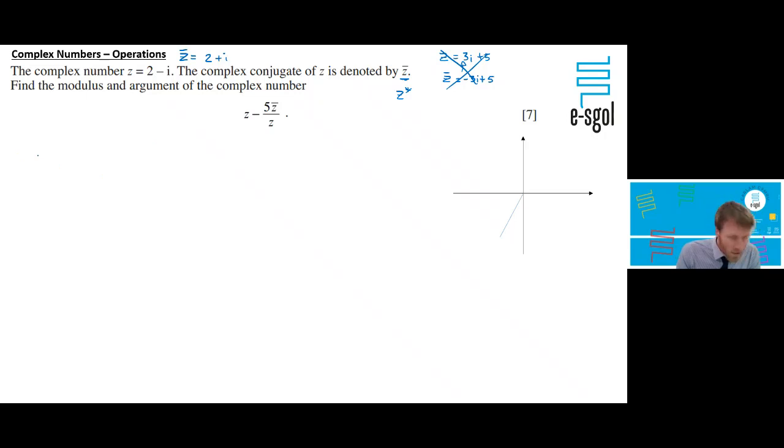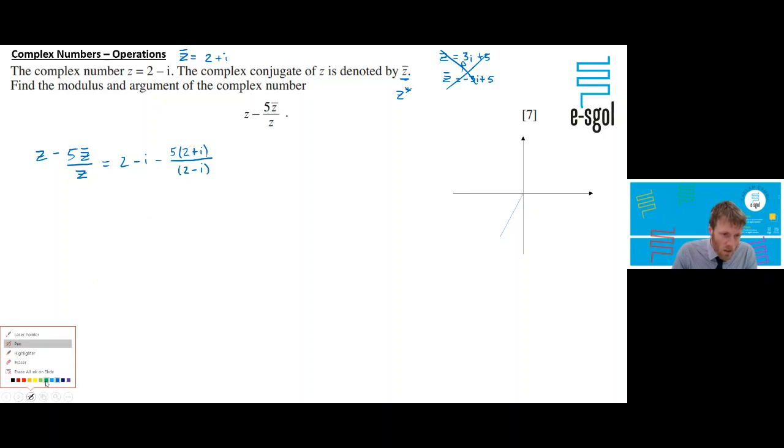So for this question, let's copy it down. z minus 5 conjugate over z. We are basically replacing the z for 2 minus i, and we're replacing the conjugate for 2 plus i, all over 2 minus i.